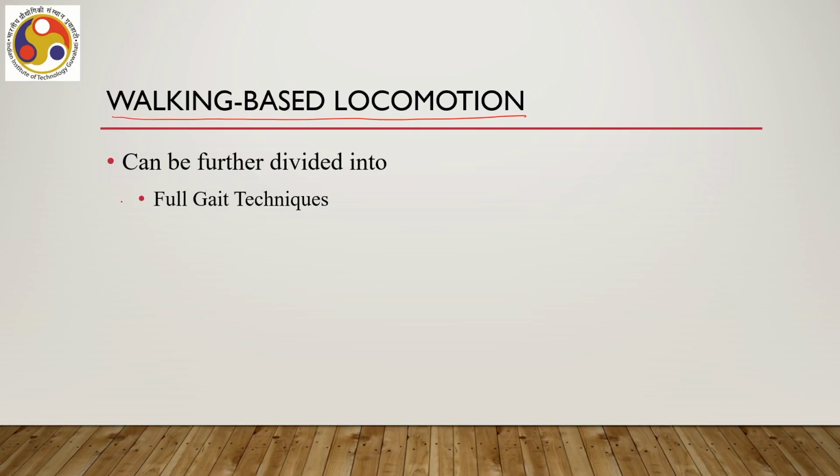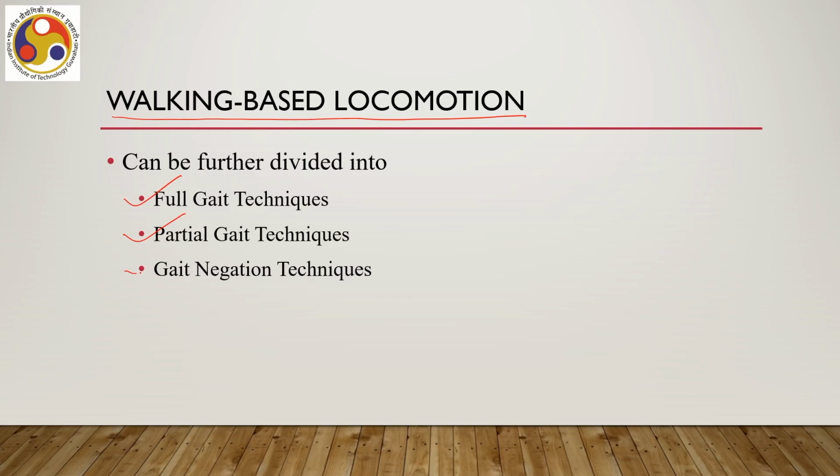Now, this type of locomotion can further be divided into broadly 3 categories: full gait technique, partial gait techniques and gait negation techniques. So, these 3 are the broad categories of walking based locomotion techniques: full gait, partial gait and gait negation.